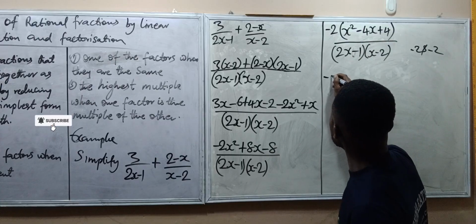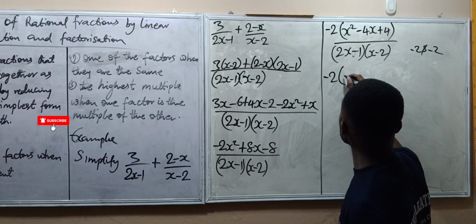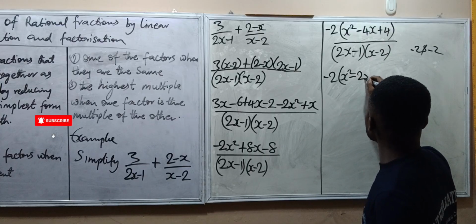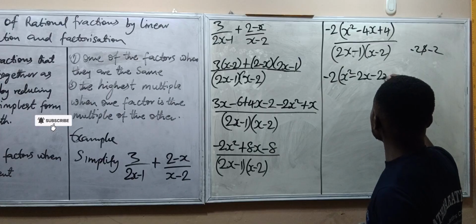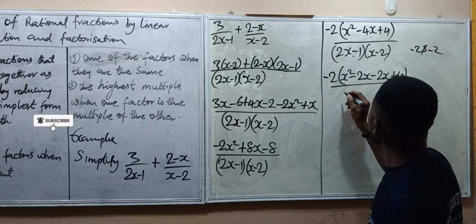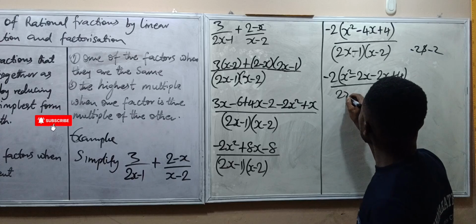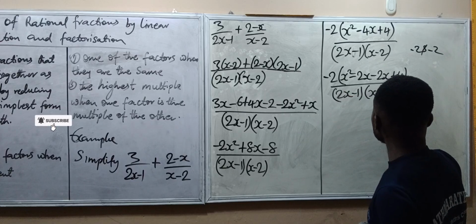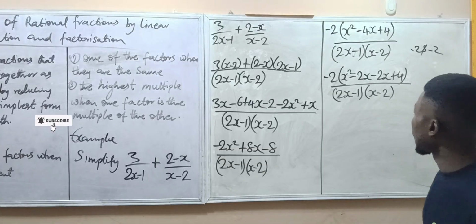So we have minus 2 into x squared minus 2x minus another 2x plus 4, all over 2x minus 1 into x minus 2, right?